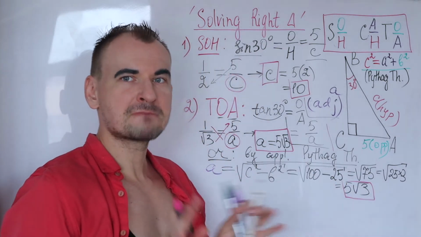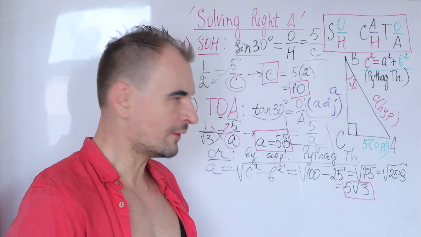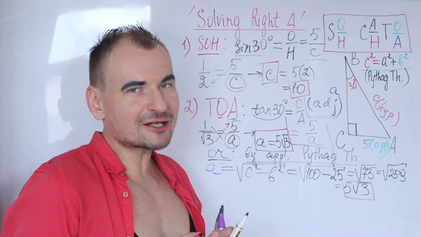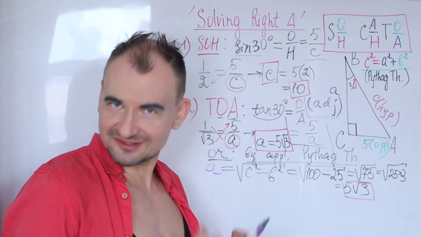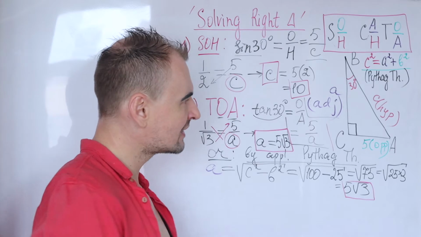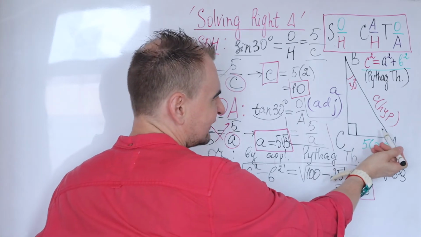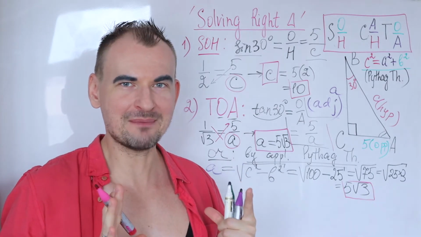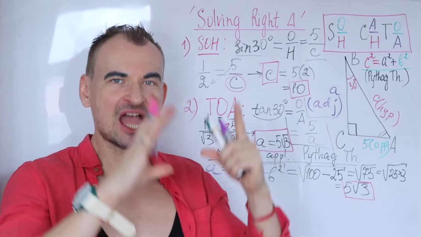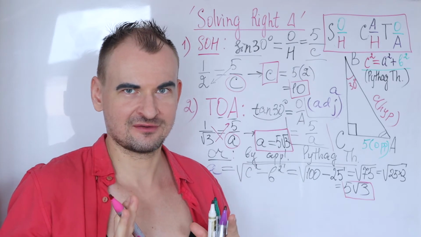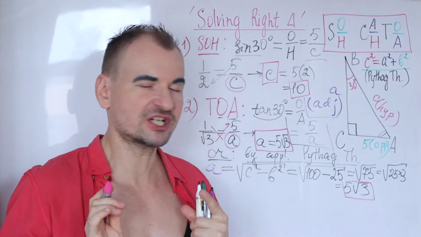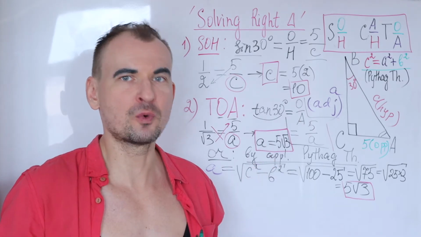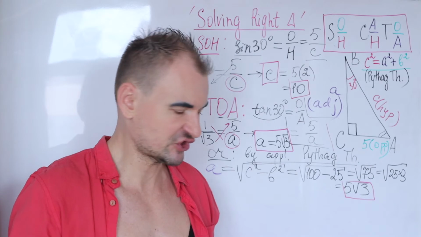Alright, moving on. The last step, and this is my favorite part of the solution because it's the easiest part. Now, you need to find this angle A, which we don't know. Use that fact from elementary geometry that all angles in your triangle have to sum up to 180 degrees.